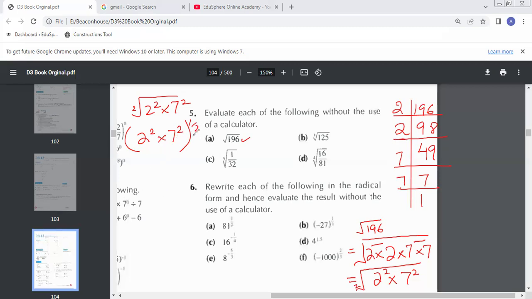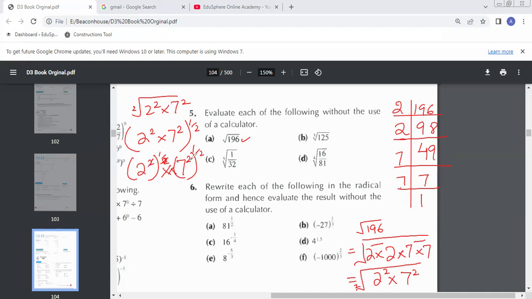Now, let's apply this power to both these numbers. So it will be 2 squared to the power 1 by 2 times 7 squared to the power 1 by 2. Here we have the power 2 and the power 1 by 2. Let's multiply 2 and 1 by 2.